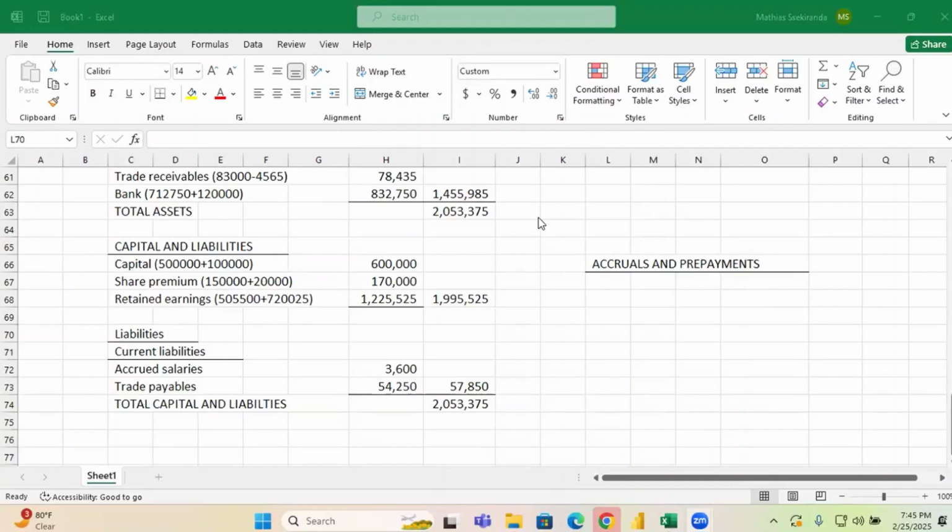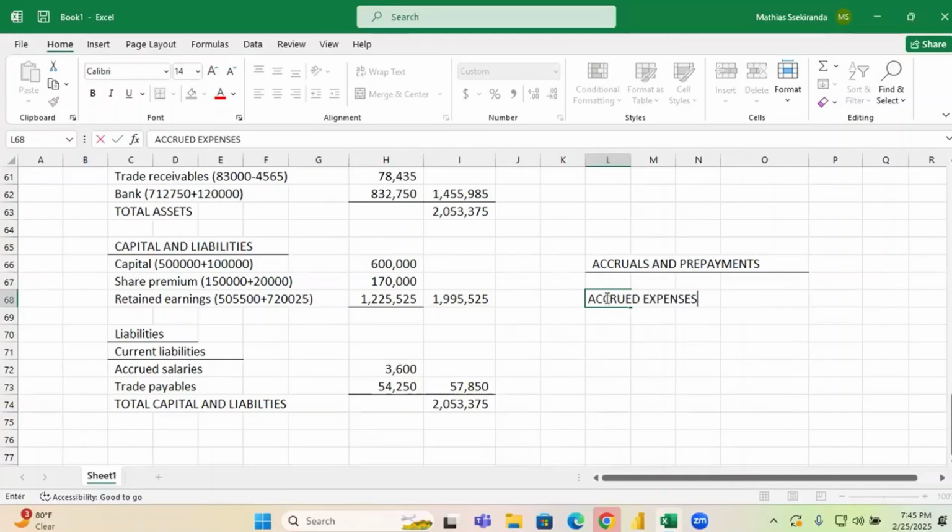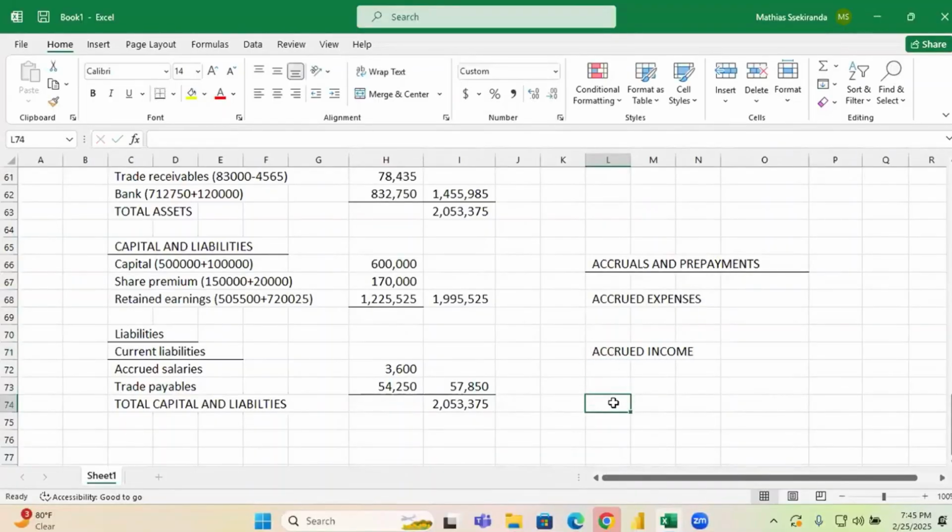Guys, are we done? I want to repeat these two things. I have accrued expenses, and we have accrued income. Then we have prepaid expenses.